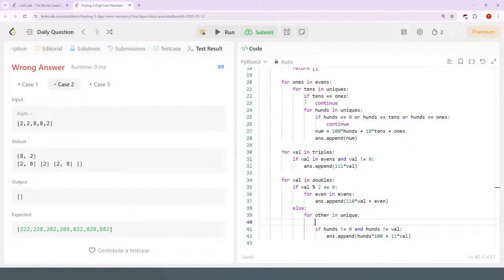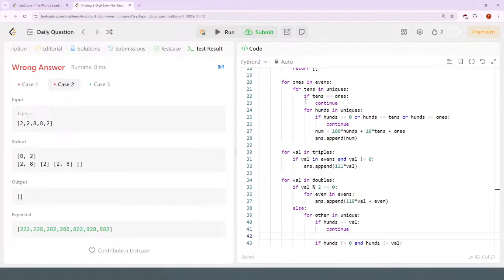So if the other value is 0, well, let's say if the huns equal this value, then just continue. So here we're dealing with two things that are not the same.